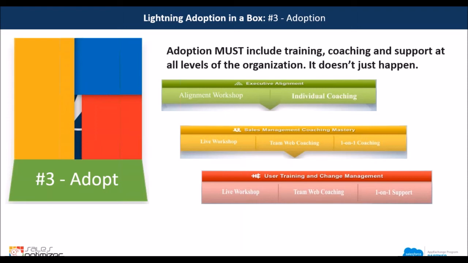After you've built a good foundation around executive alignment, sales management, coaching, and then finally end user training and coaching, in all of these components, part of the adoption methodology that addresses the reason why 74% of transformations fail and why adoption is worse today than it was 10 years ago is that it requires live workshops that build the foundational knowledge that people need, weekly team coaching, a cadence of calls to enable the execution and make it part of the ongoing routine of managing the pipeline and the things that really matter.